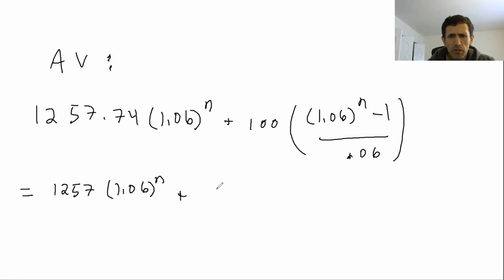Distribute that between 1.06 to the n and the minus 1. It is 1666.67 times 1.06 to the n minus 1666.67.